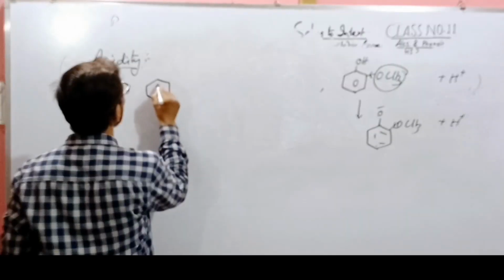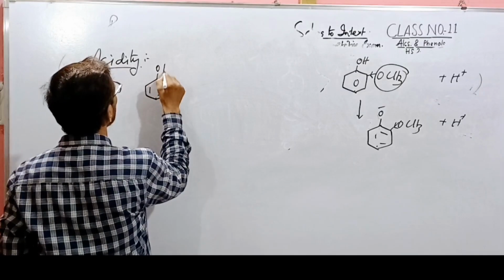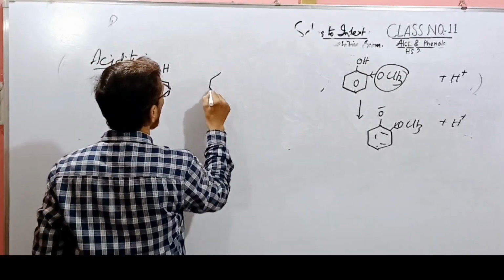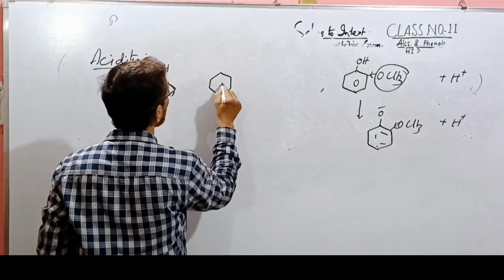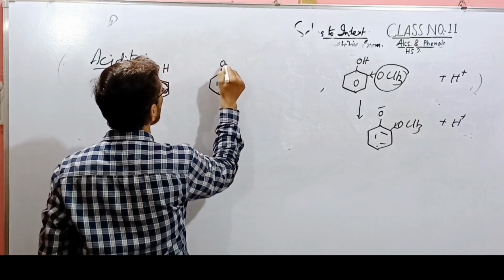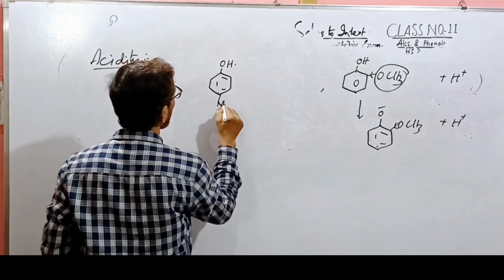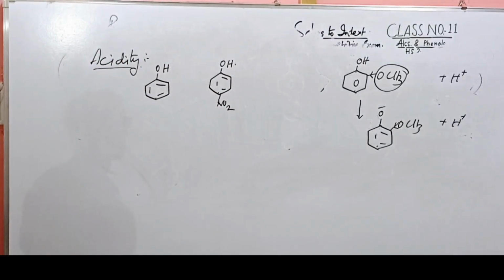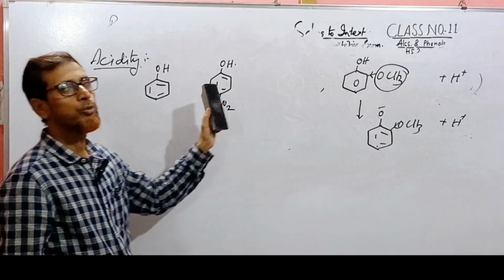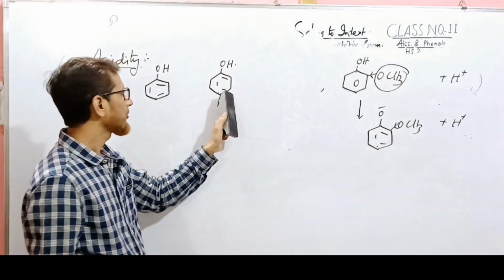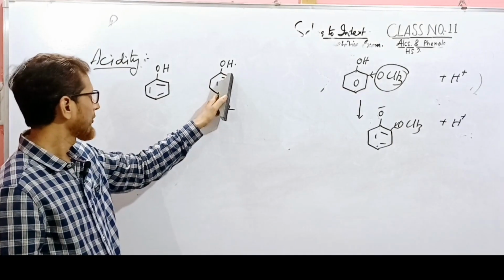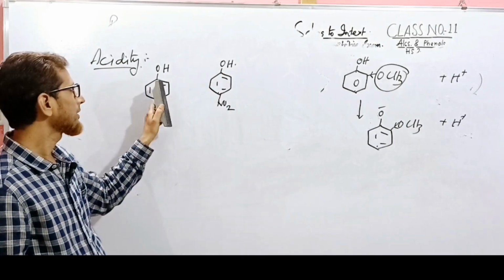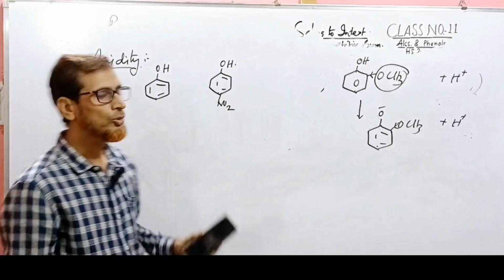Phenol or paranitrophenol or orthonitrophenol. If I ask you why paranitrophenol or orthonitrophenol is more acidic than phenol, there is a very simple way to understand it.